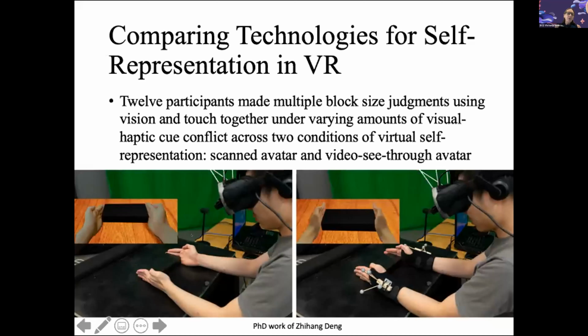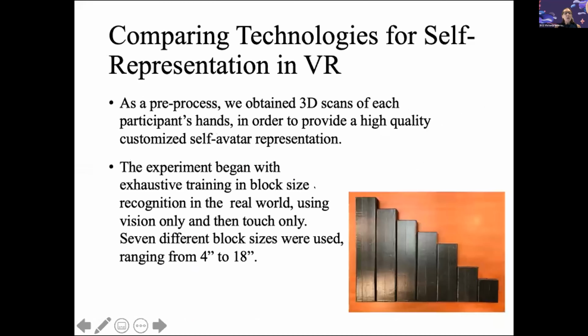Of course, we had to do a lot of tricky work to make this work. But at any rate, this is what people saw in the two different conditions. The way this experiment worked is that we trained the heck out of people in the real world first.